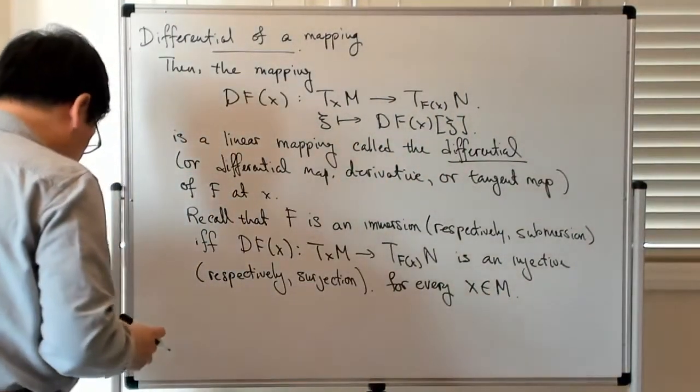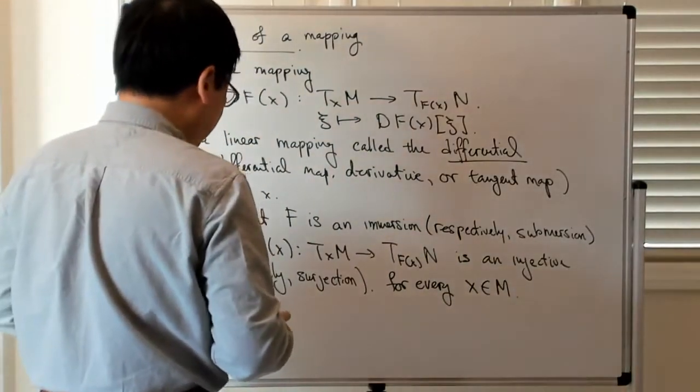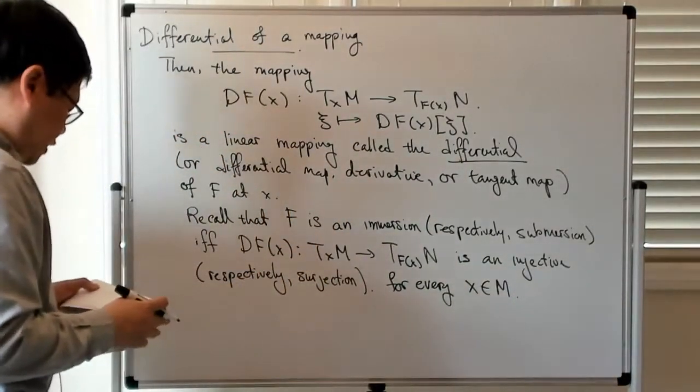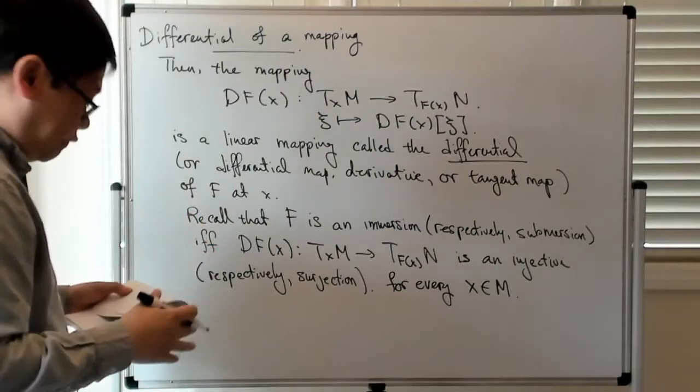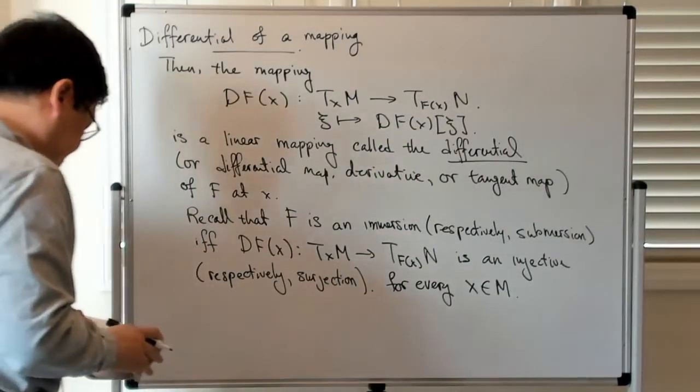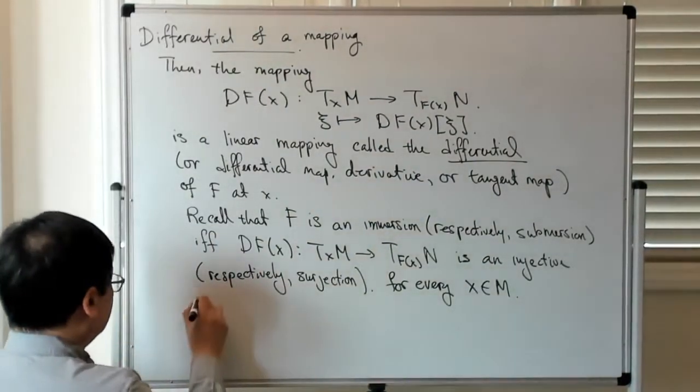All right. So the other thing you can do is to ask, well, what happens if N turns out to be a vector space?